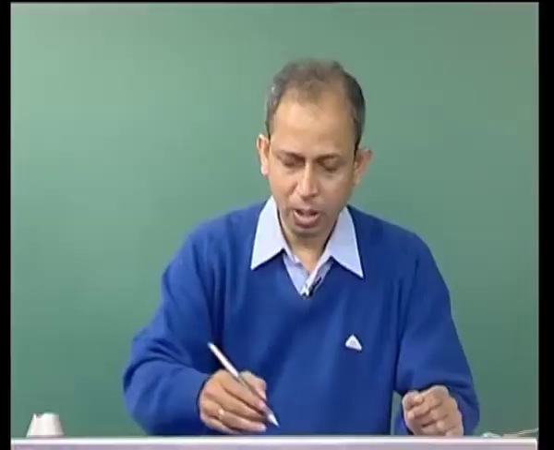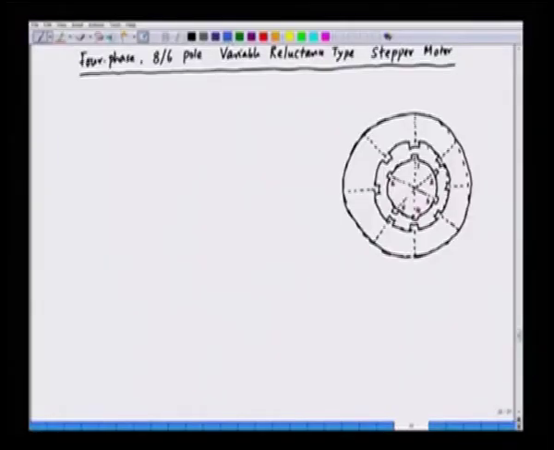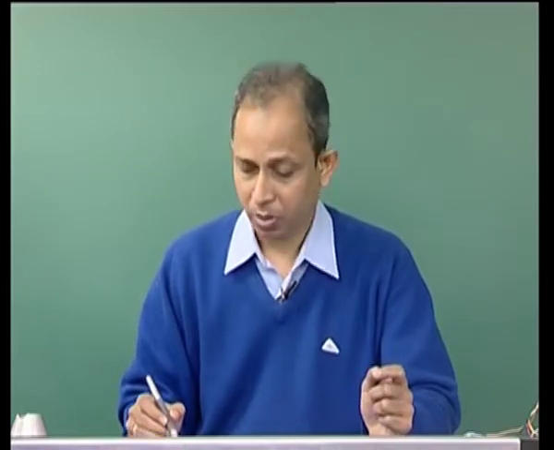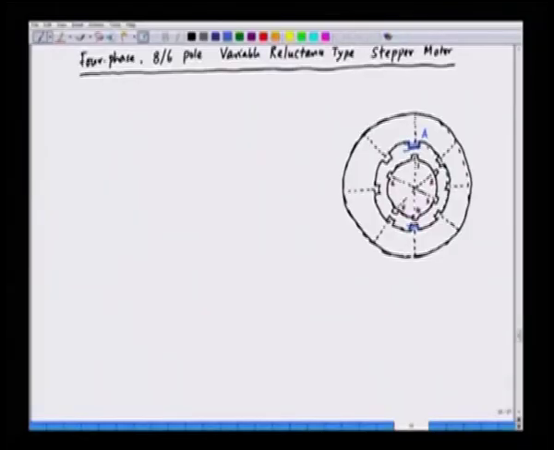So, we can have the windings for, let us say, this pole, and these are the windings here. This pole we can call phase A, and the diametrically opposite one will be A prime. So, each phase has two windings, A and A prime, which may be series connected.